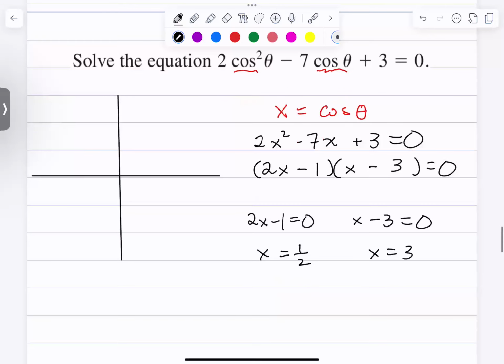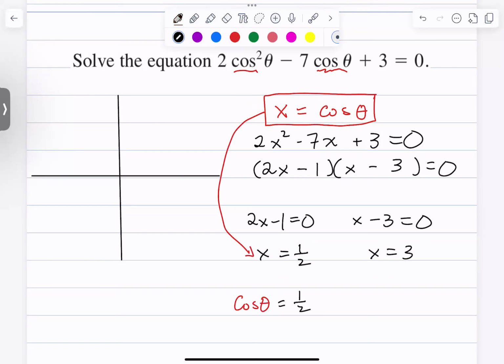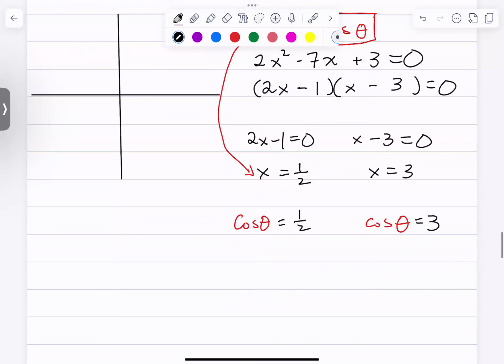But since x equals cosine of theta, I'm going to plug this back in. So I know cosine of theta equals 1/2, and cosine of theta equals 3. Cool.